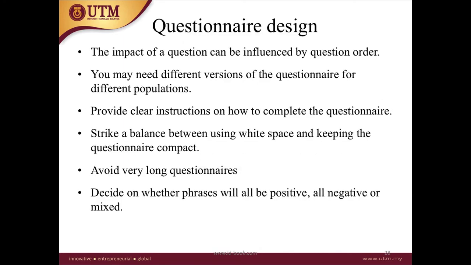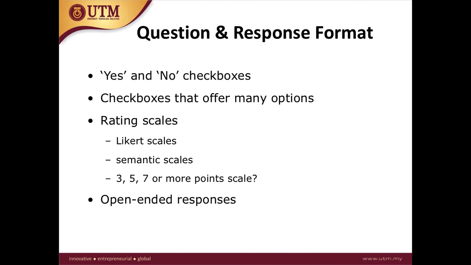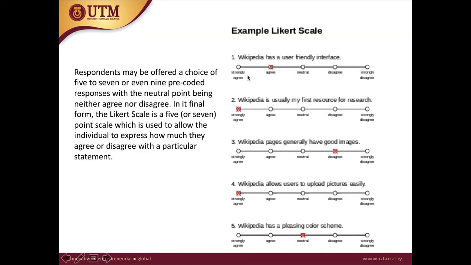All right, questionnaire design. I want you to read through. Okay, this is another important thing, like rating and scaling. Okay, Likert scale. Given 1 to 10, which one represents your answer, something like that. Okay, this is an example of Likert scale. Normally we go for the odd number, 1, 2, 3, 4, 5.